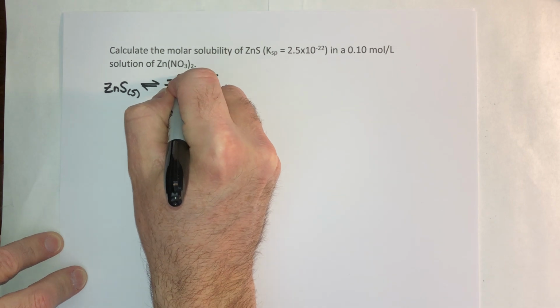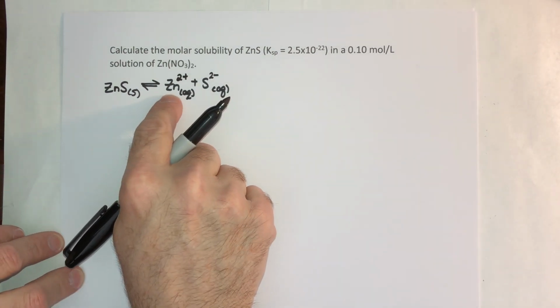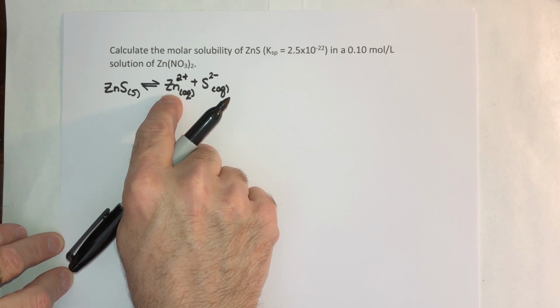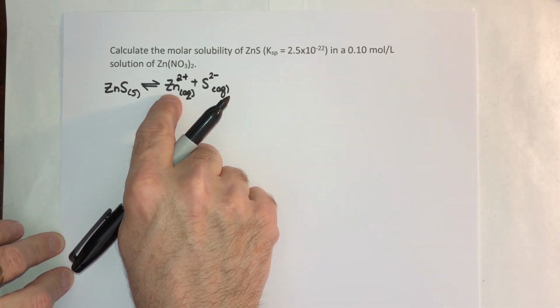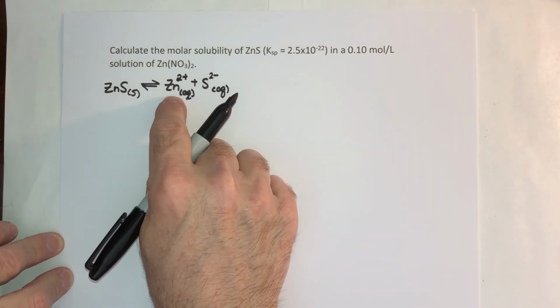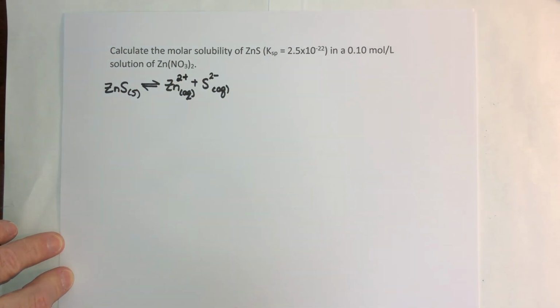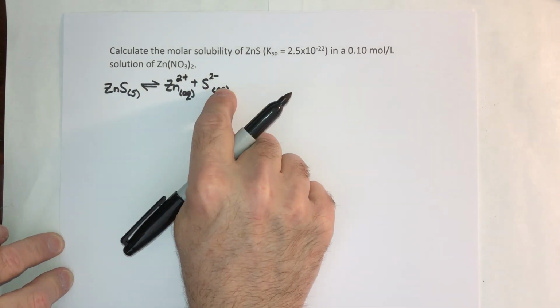Zinc can only have a charge of 2+. Now, that is an exception, right? Most transition metals do have more than 1 charge, and zinc does tend to show up in this type of problem a lot. So it is worth your while to memorize that zinc, when it forms an ion, always has a +2 charge. Okay, that's my equilibrium.